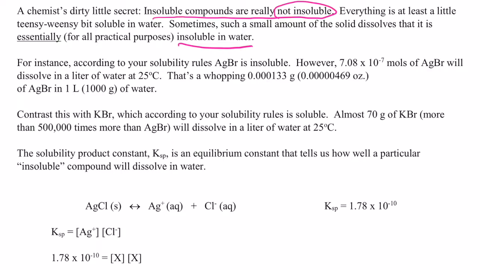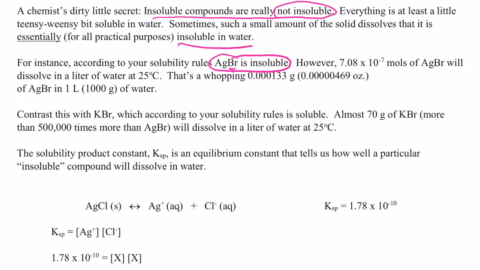Let me give you an example. According to your solubility rules for bromides, let's see if we can remember that rule. It's the chloride, bromide, and iodide rule. It says essentially that they're all soluble except for silver, mercury, and lead. So we would say silver bromide is insoluble according to our solubility rules.